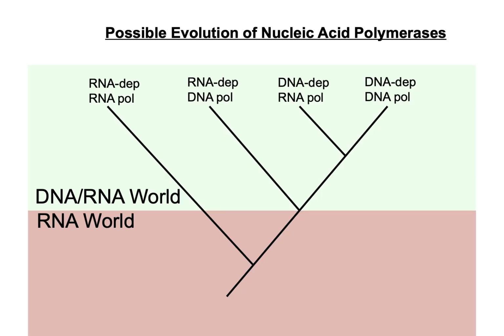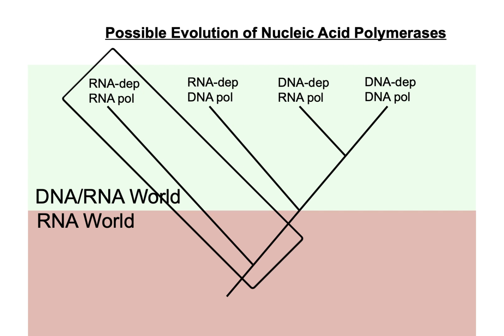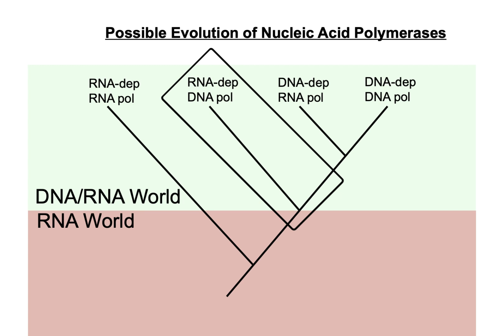And here's a general cladogram of the evolution of these different polymerases. So way back in the RNA world, you have RNA-dependent RNA polymerases only. And then coming out of the RNA world into a DNA world, there's an RNA-dependent DNA polymerase, or reverse transcriptase, to make a DNA copy from an RNA template.